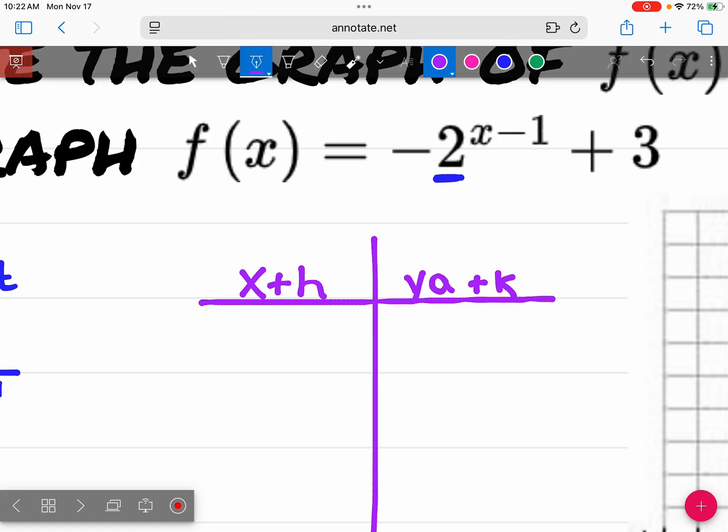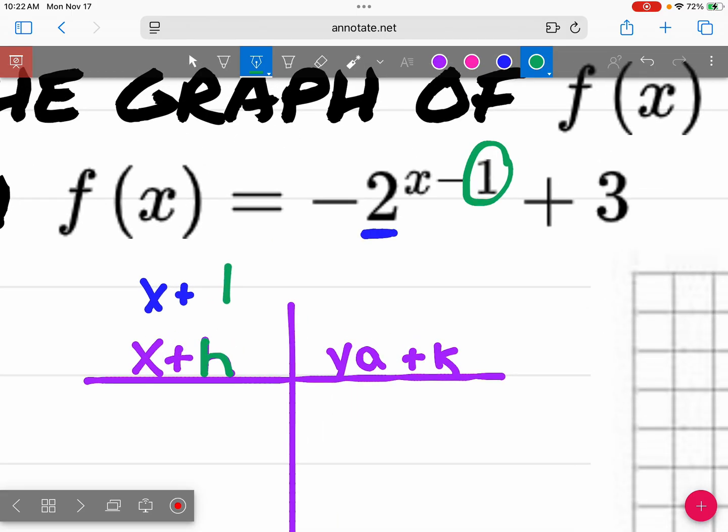What is our h? 1. That guy's h right there. So I could take all my x values from my parent function and add 1. That's a thing we can do, and we will here in just a second. I can take my y times a plus k, so my y to my parent function. What's our a? Careful.